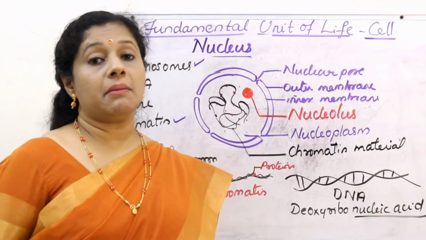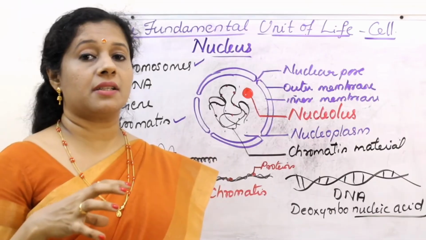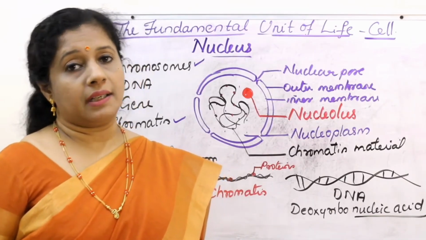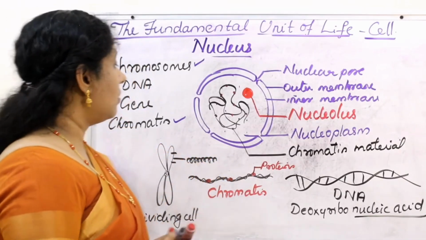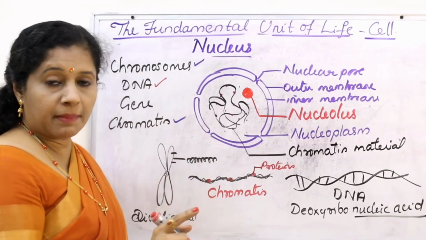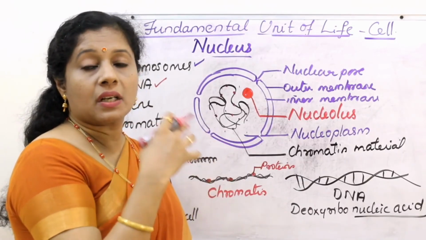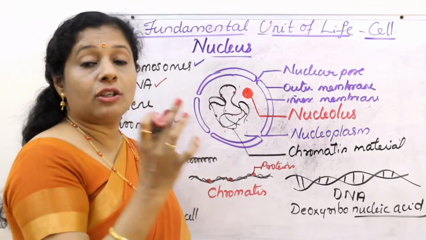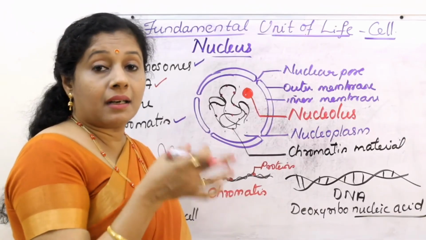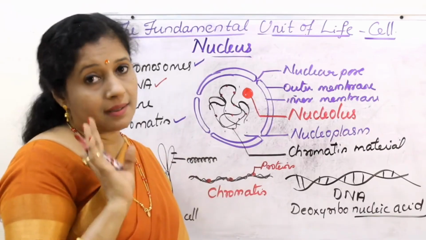In which form is the information present? It is in the form of certain sequences of nitrogen bases. All those details you will learn in higher classes. Okay, now I think DNA is also clear. So DNA is the genetic material which will coil around protein to form a structure called chromatin. That chromatin again coils further to form a rod-shaped structure called a chromosome during cell division.